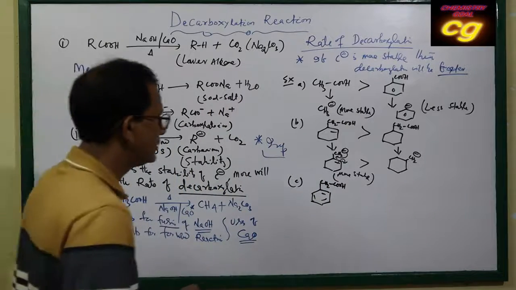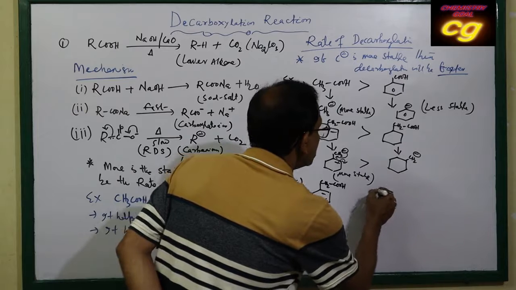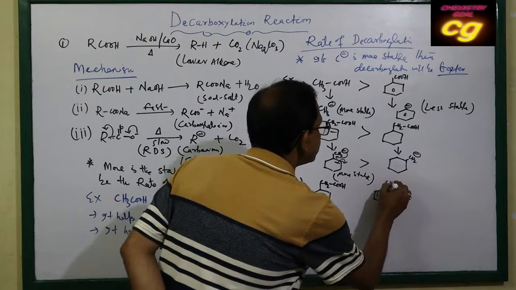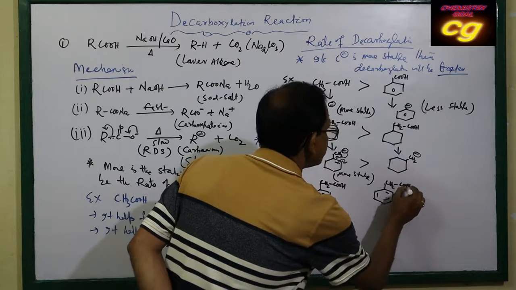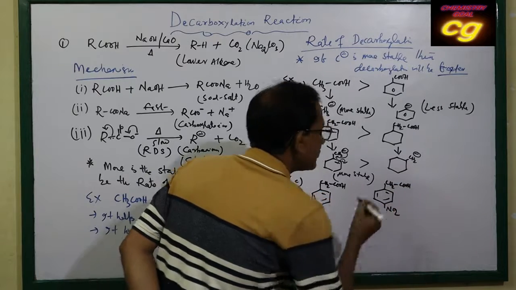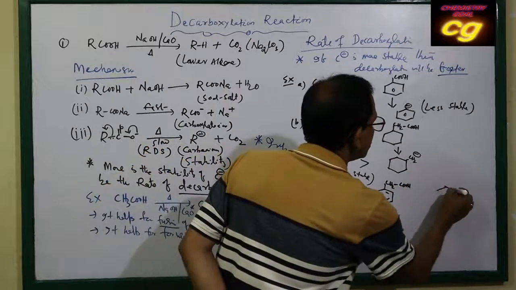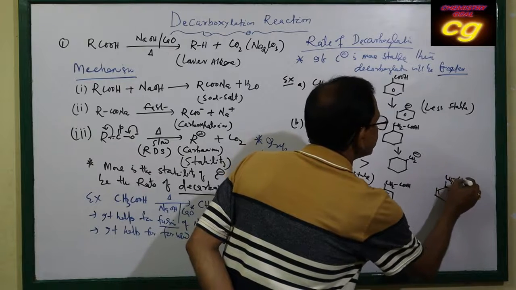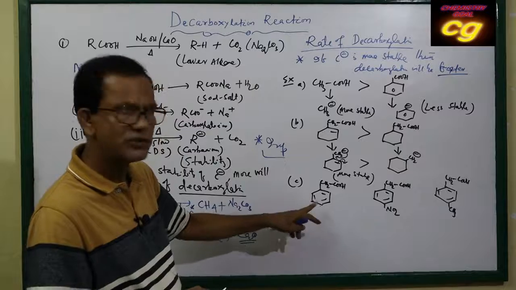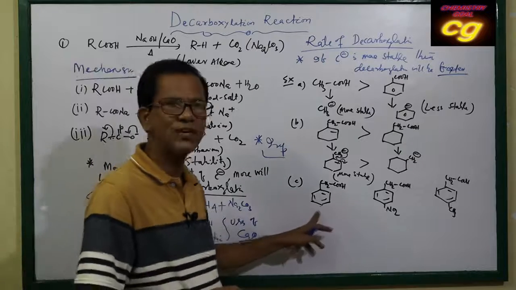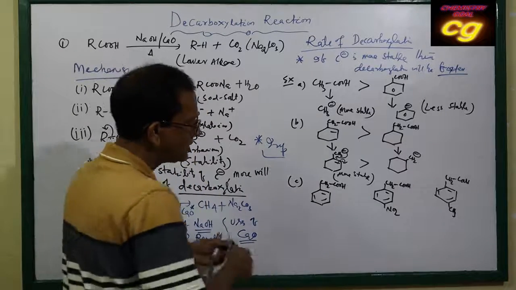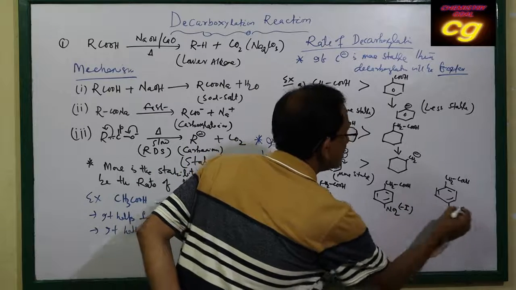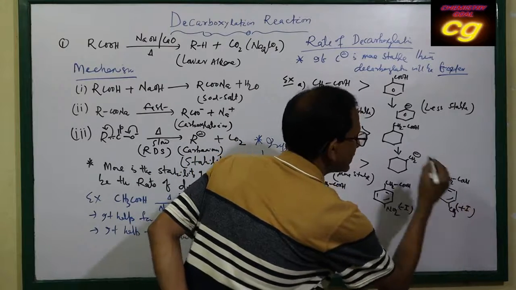This acid, you take another example. Nitro derivative, another example we can take. This compound has a minus I effect, and this one has a plus I effect.